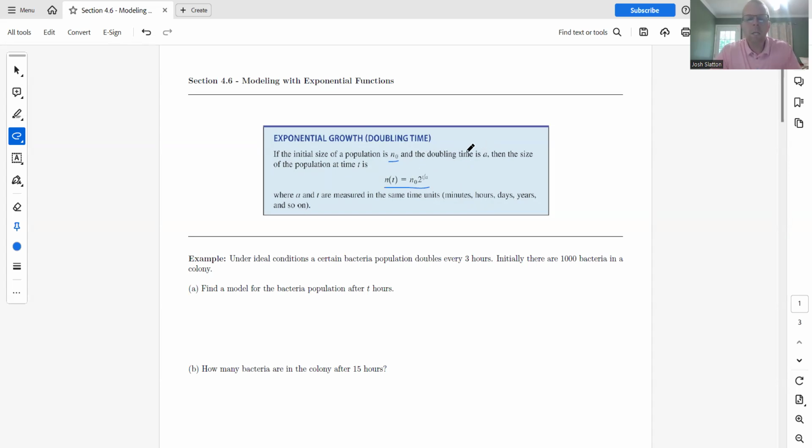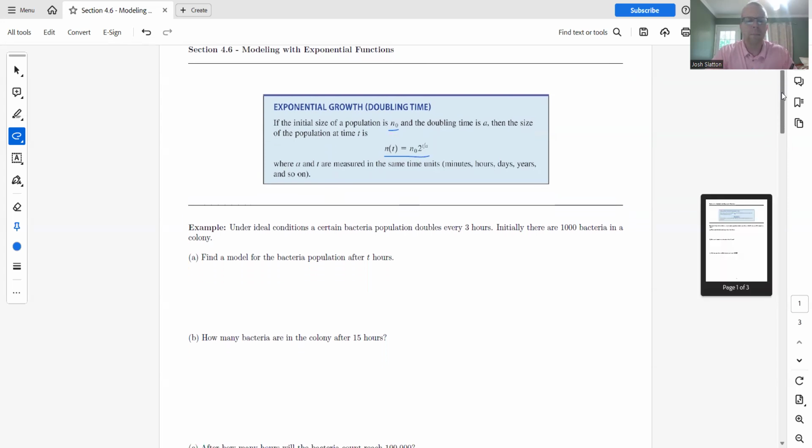And this doesn't have to be doubling time. It could work if you have tripling time or half time, whatever number you're looking at, you would put there. But doubling time is the one we're mostly going to work with for now.